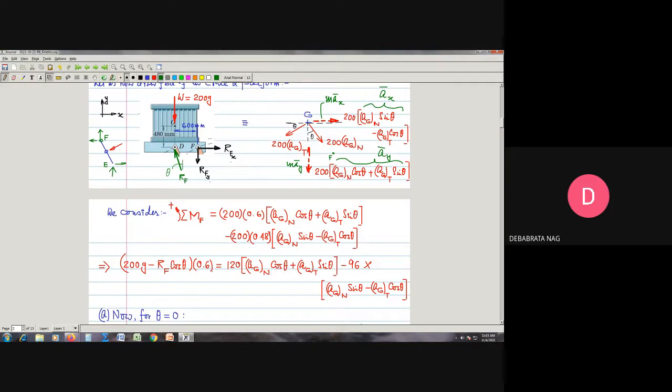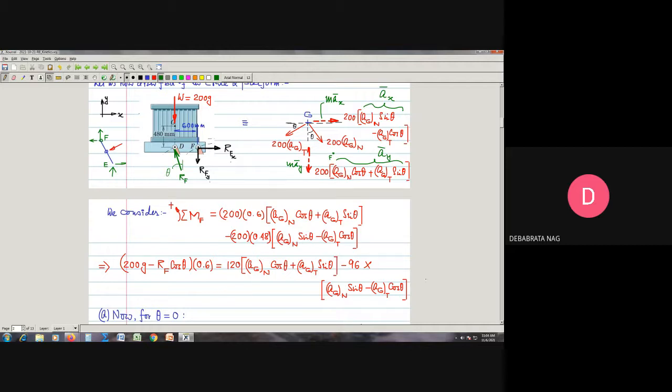So this is the equation which is valid for any angle. Now since we have been asked to find these forces RF for the two occasions for which we know the corresponding values of theta, we plug those specific values of theta into the above equation.